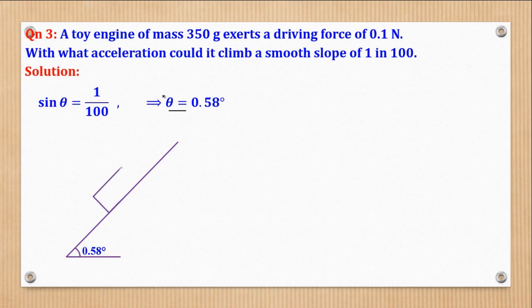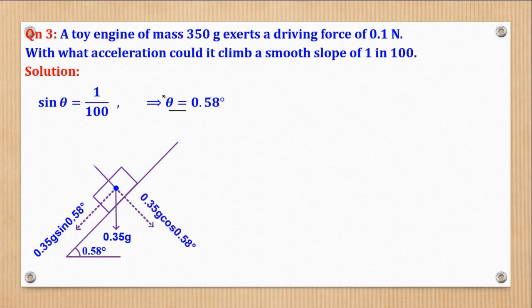Having got the angle, we can now draw our inclined plane. Then we shall show the weight. Resolve it part of the plane and also perpendicular to the plane. Then normal reaction, then the pulling force, acceleration show the direction of motion, and lastly the frictional.